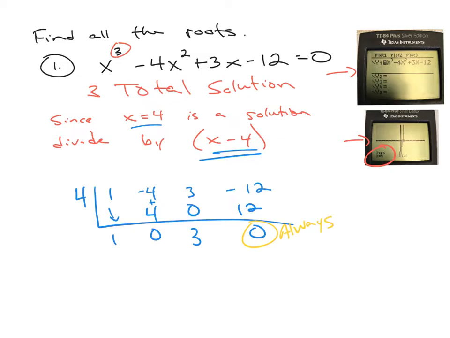Our answer here is x squared plus 3. So x squared plus 3 needs to be solved to find the imaginary solutions. I'm going to do that on the next screen. So x squared plus 3 equals 0. We can use the square root method here and subtract 3 from both sides, and then square root both sides.